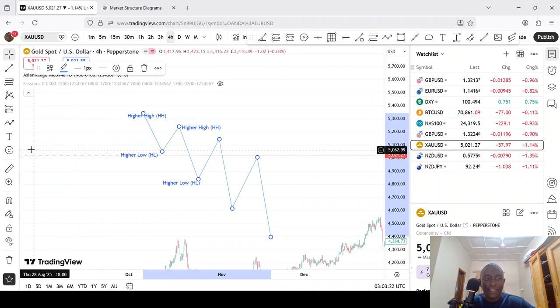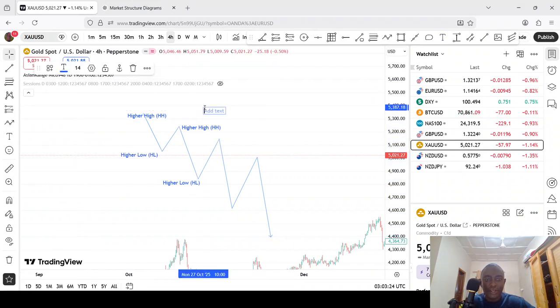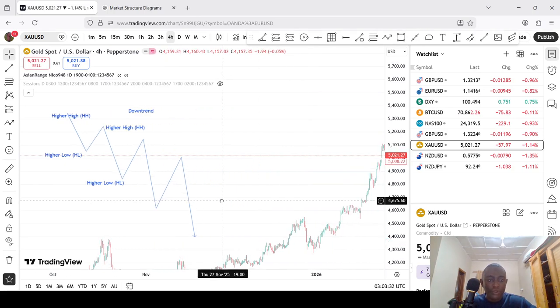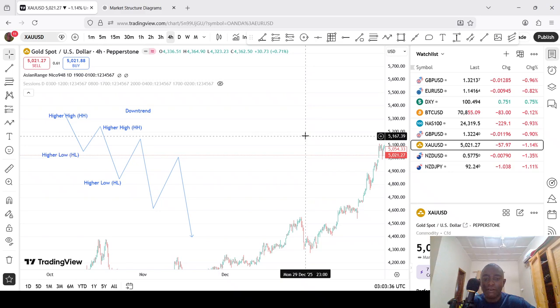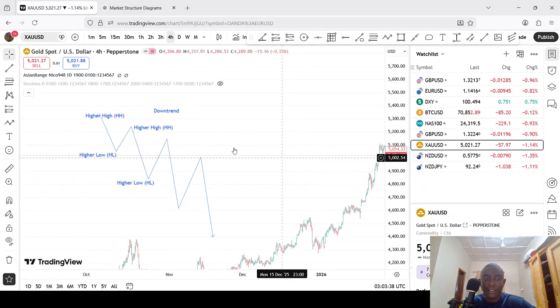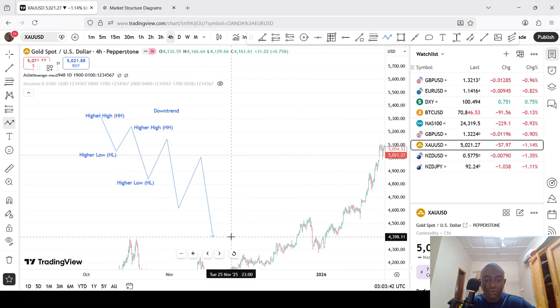If you are working with a trend and you want to identify if the market is moving like this, that is a downtrend. And the opposite: if price is moving up, we call it an uptrend. So the opposite would be like this.